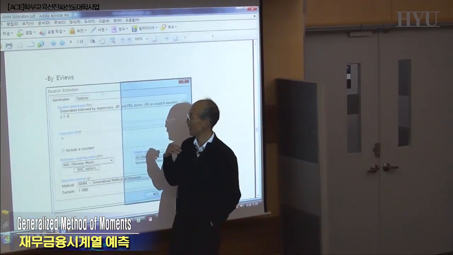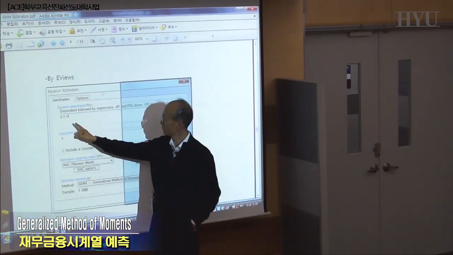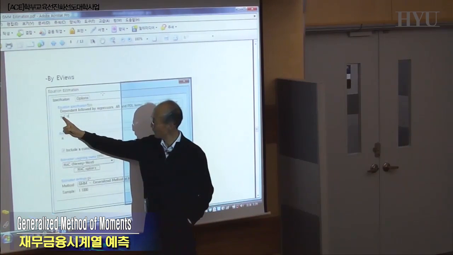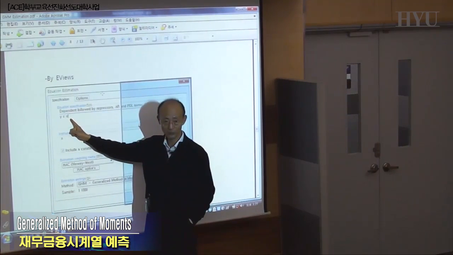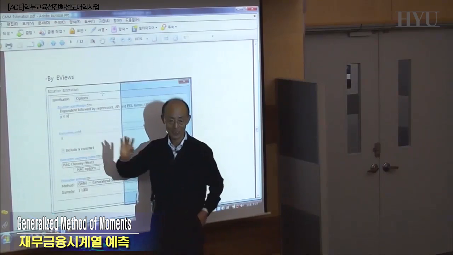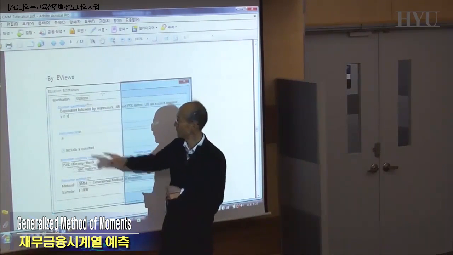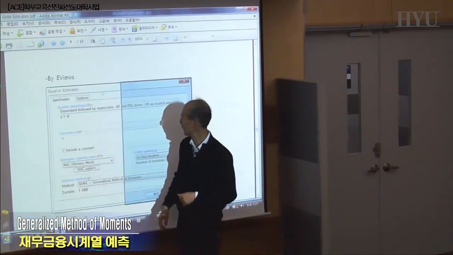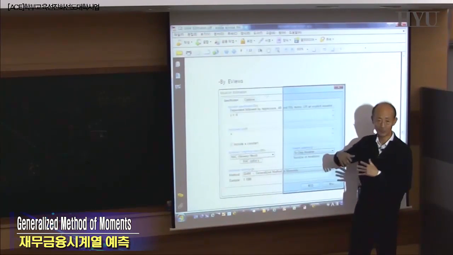I haven't tried whether you can allow, for example, y1 x1, y2 x2, different c's. I'm not sure whether it allows that, but basically this is an equation by equation thing.